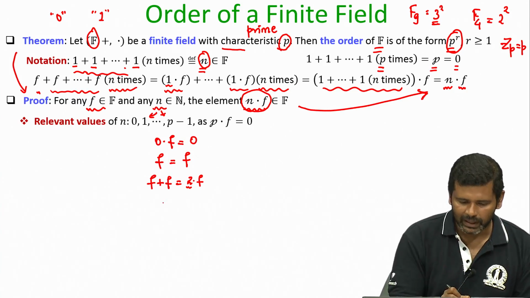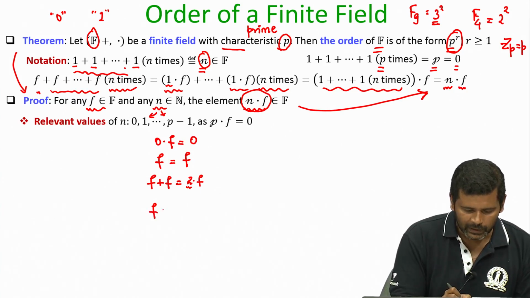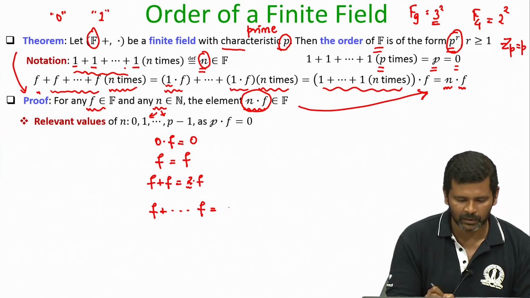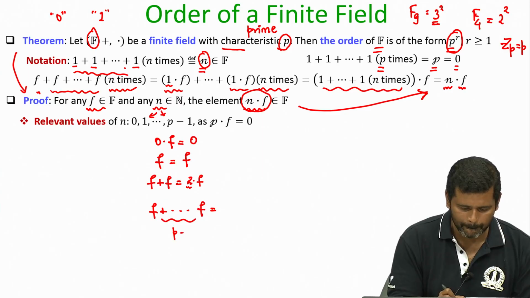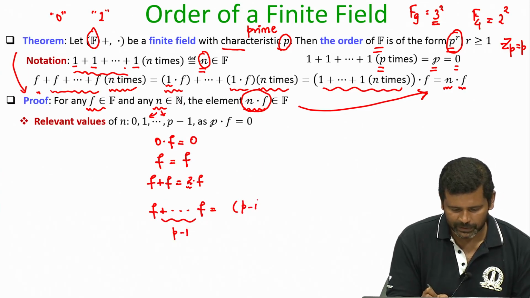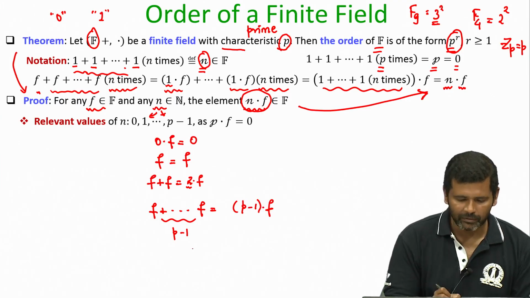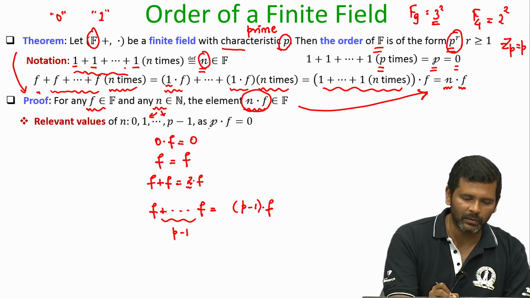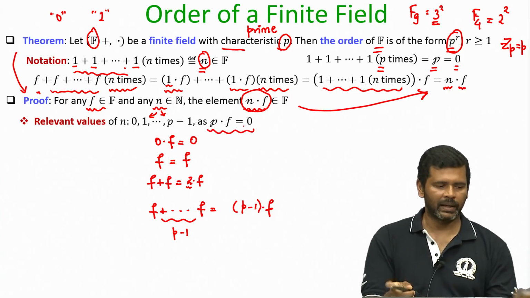And like that, if I continue, then I can say that f added to itself p minus 1 number of times will give me p minus 1 in special font dot f, and after that if I add f to itself once more, I will get the element 0, because p is the characteristic of the field.